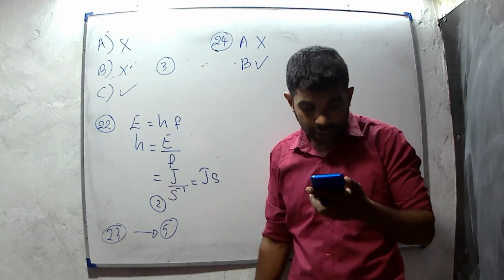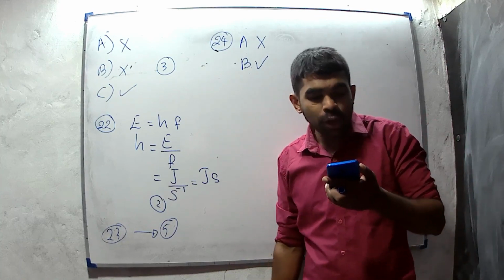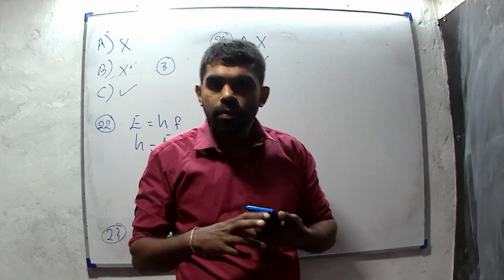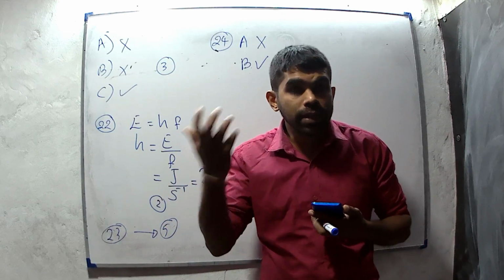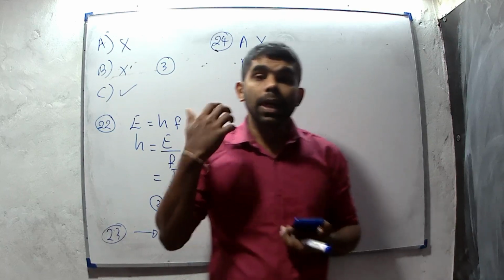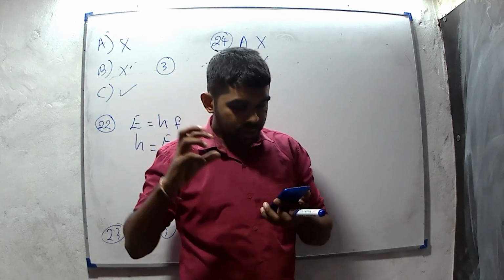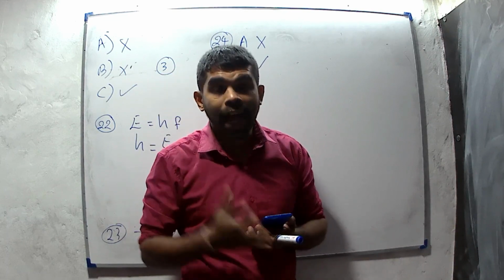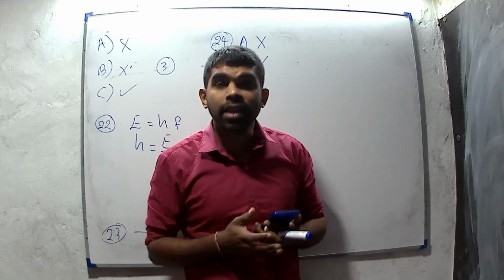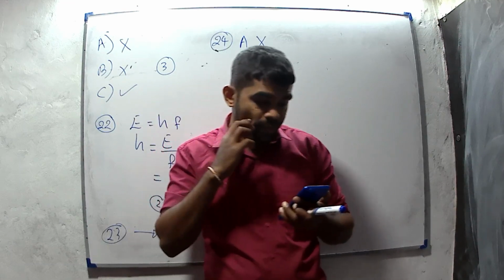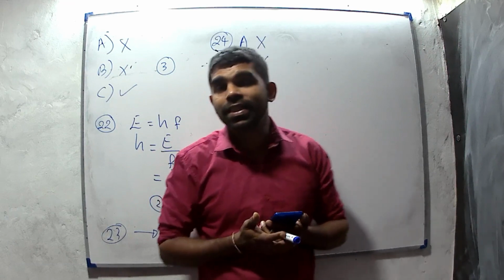Then B is correct. C. Relative humidity. We are defining relative humidity as a percentage. Therefore, it has no dimensions and units.